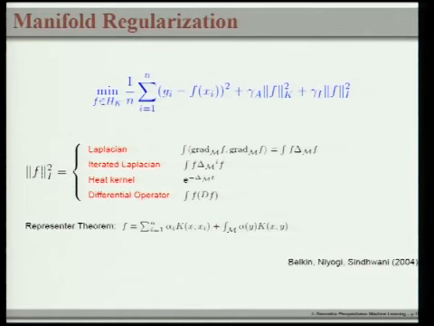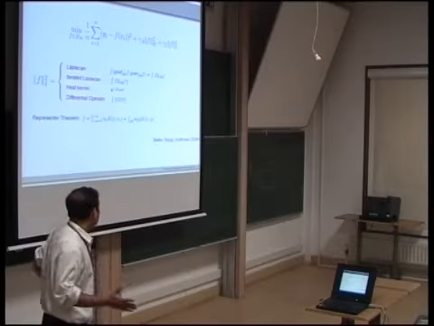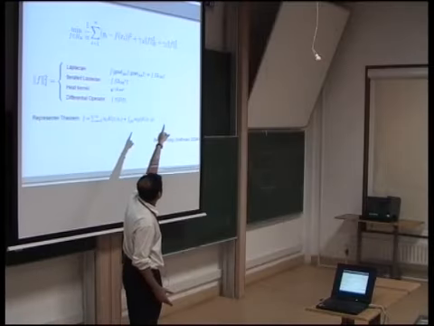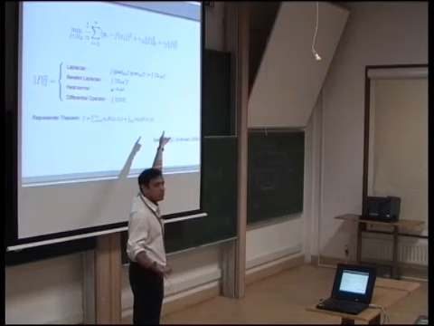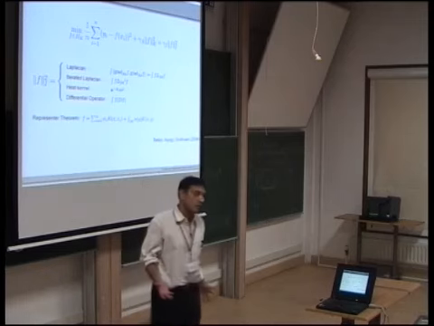So, the most natural choice is the Laplacian and all the variations of the Laplacian, the iterated Laplacian, the heat kernel, and other differential operators. Okay. Now, this doesn't give us an algorithm yet, because of course, you can't compute that guy, because to compute that you still need to know the manifold, right.